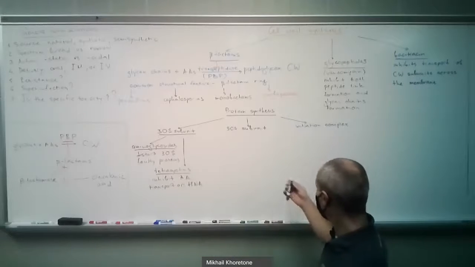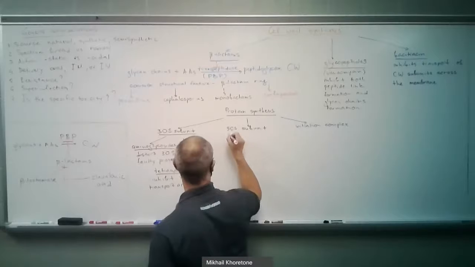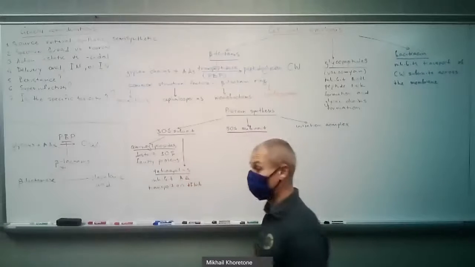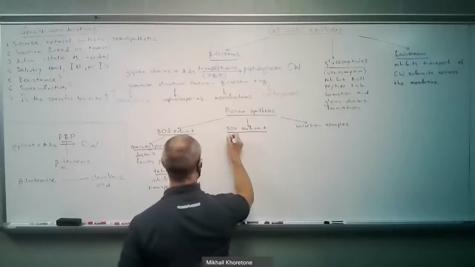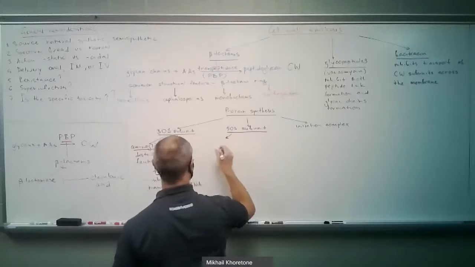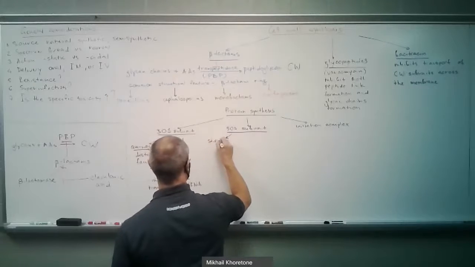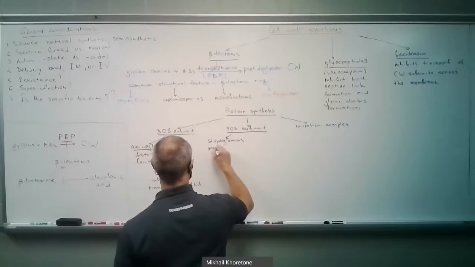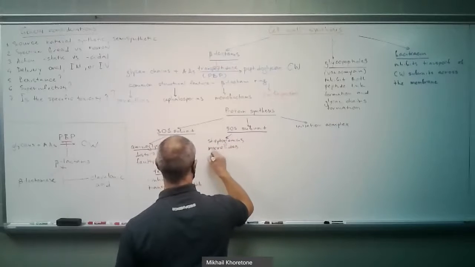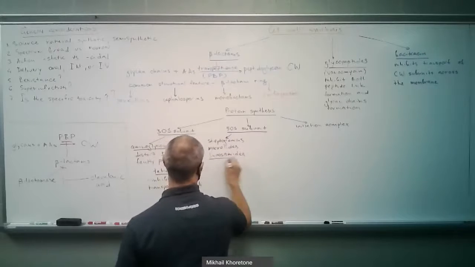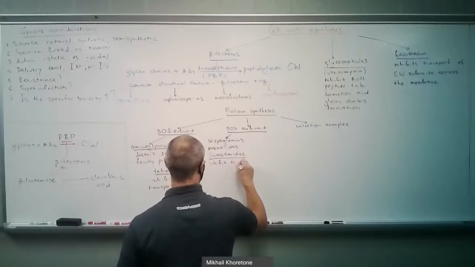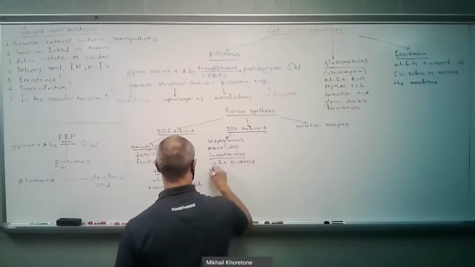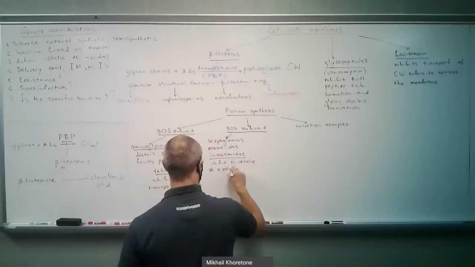Now, what about 50S subunit inhibitors? There are two large groups. One group contains streptogramins, macrolides, and lincosamides, which all inhibit the release of a polypeptide from the ribosome.